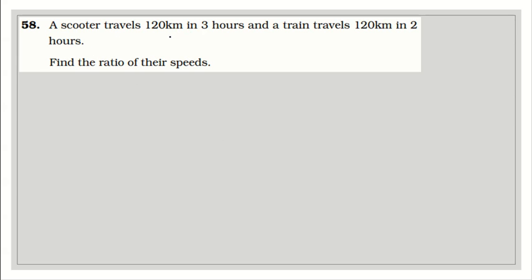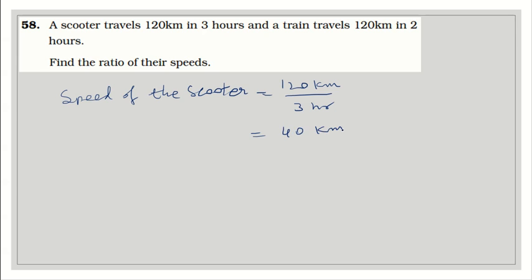A scooter travels 120 kilometers in 3 hours and a train travels 120 kilometers in 2 hours. Find the ratio of their speeds. Remember, speed is calculated like this. Speed of the scooter is 120 kilometers upon 3 hours, which gives 40 kilometers per hour, kmph we say.